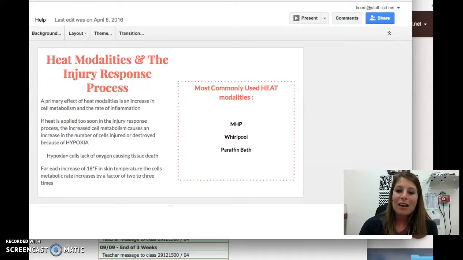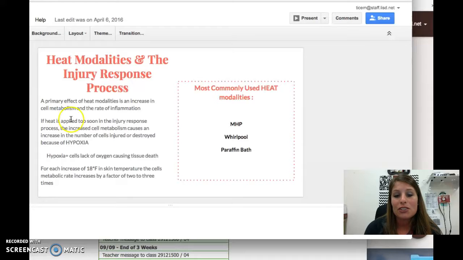And our last slide before we go into the specific modalities is going to be talking about the injury response process. Okay, we've talked about it before. Heat is used to increase the cell metabolism. Okay, everything starts moving. We start the healing process going. Everything is moving faster.